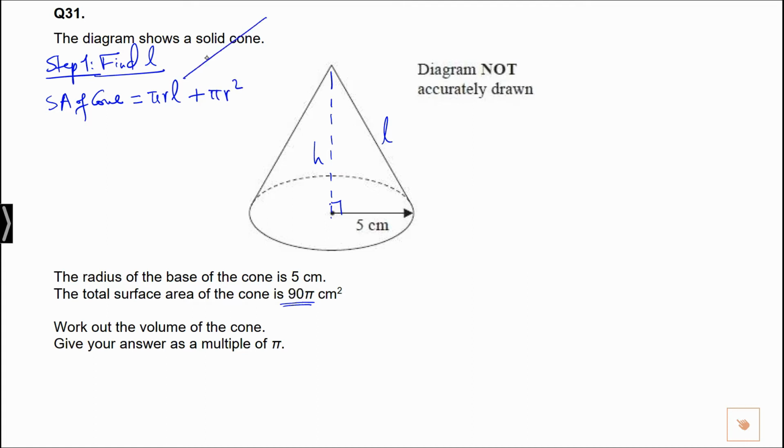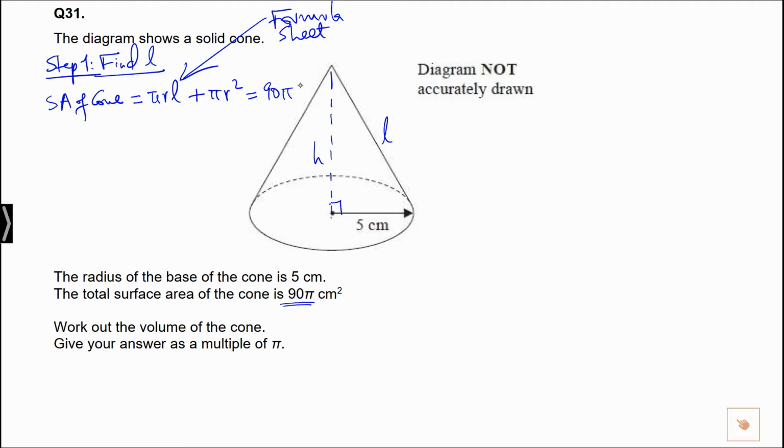This is in your formula booklet or formula sheet. And we know that this is equal to 90 pi.